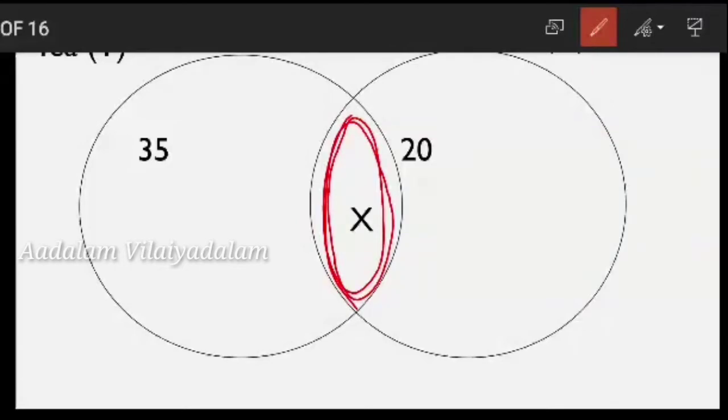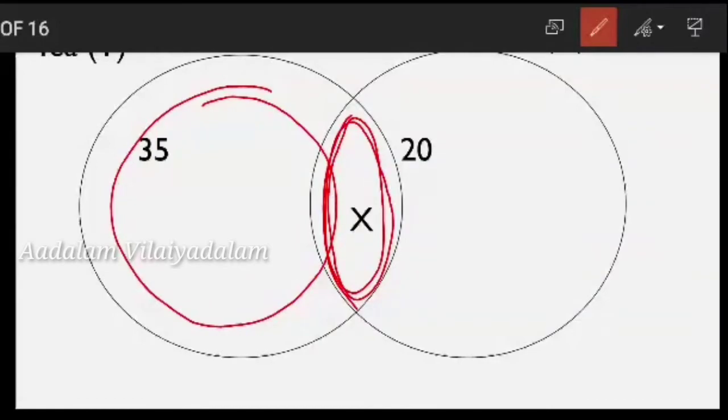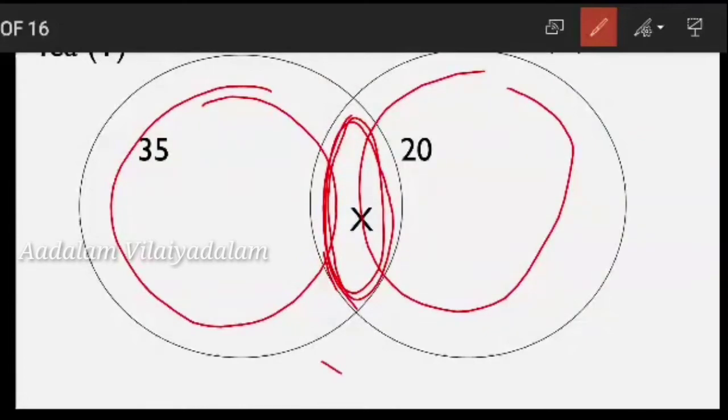Part of this circle is common for set C. This is T and this is C.